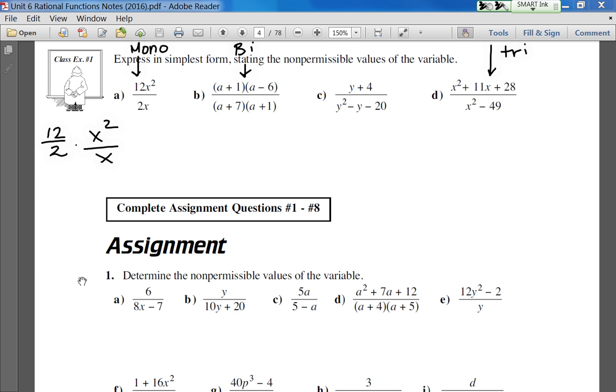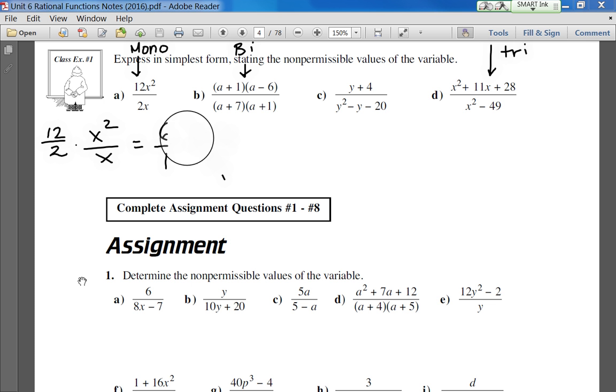And you roll the dice? Yeah, so who would win this battle? 2 x's versus 1 x. Yeah, the 2 x's up top will win. Okay, so this would be like 6 over 1. And then you got x times x over x. So 1 x left over in the top, right?